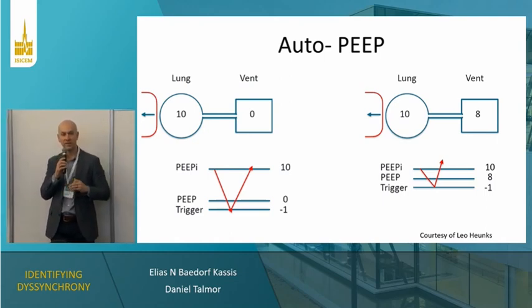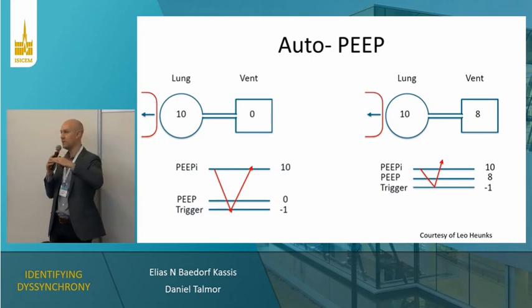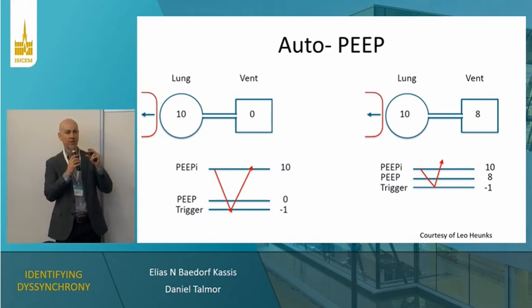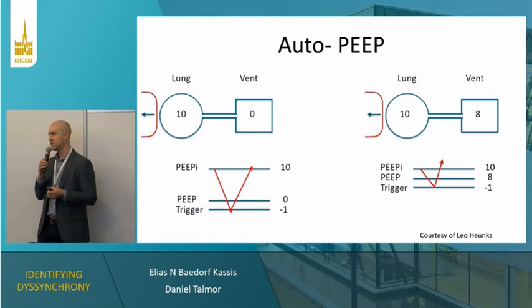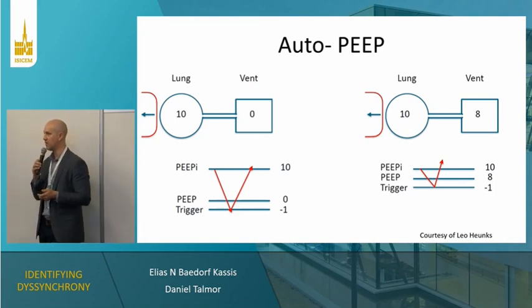If you adjust the PEEP to match the degree of auto PEEP, then the total amount of pressure the patient needs to generate is much less in order to trigger the ventilator. It can make it much easier for the patient and much less uncomfortable.